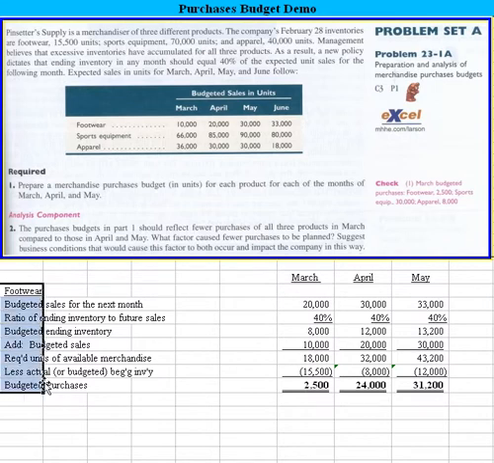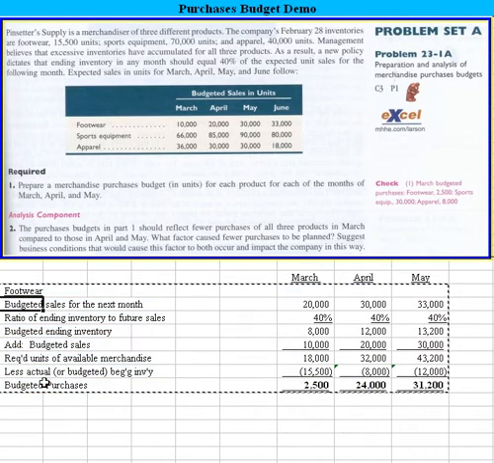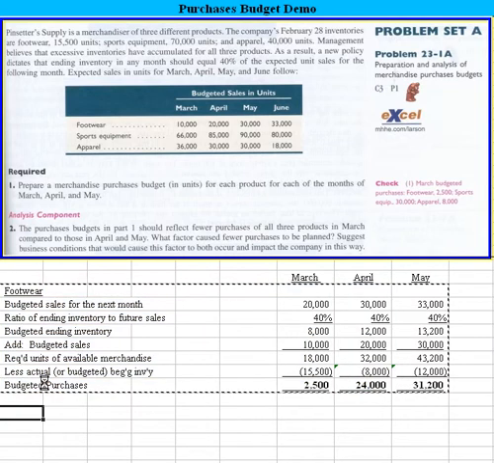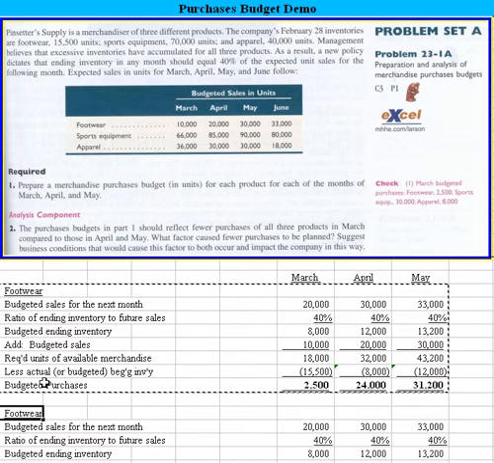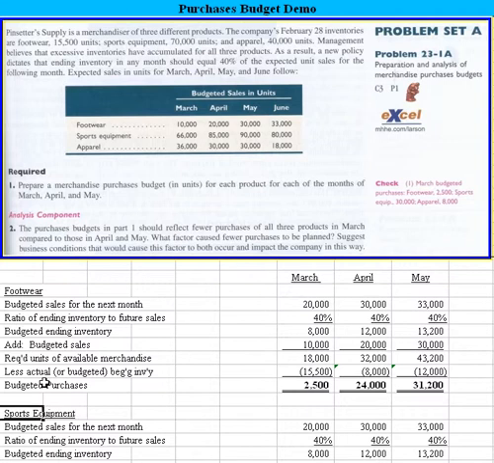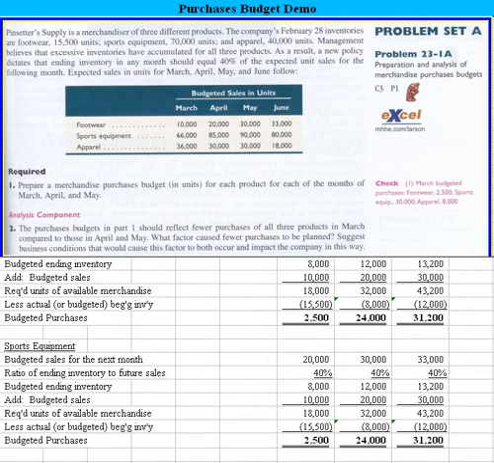Okay, now I'm going to copy the entire little table down below. And now it's going to go off the screen for a minute, but I'll bring it back. Let's do the same basic scenario for sports equipment. Now let's scroll up.